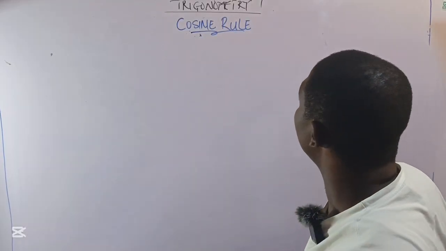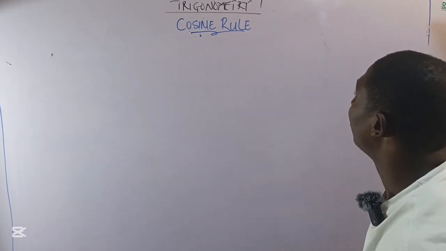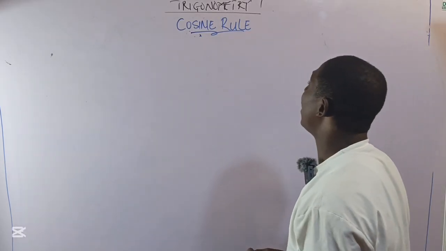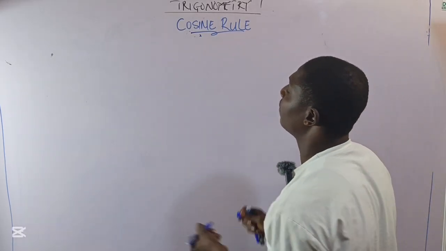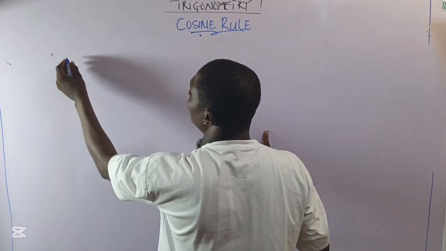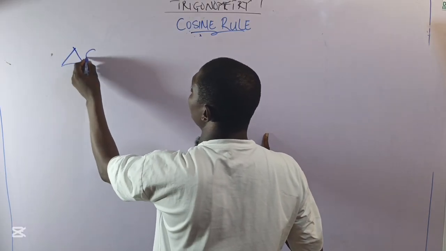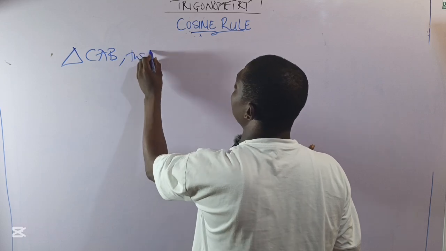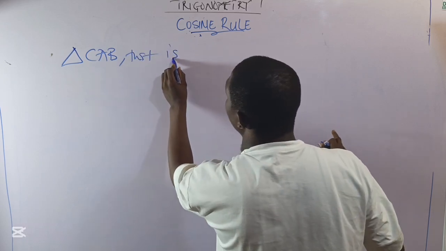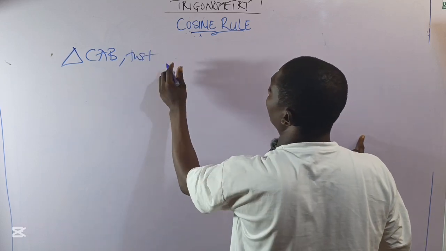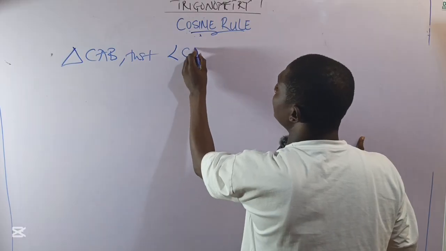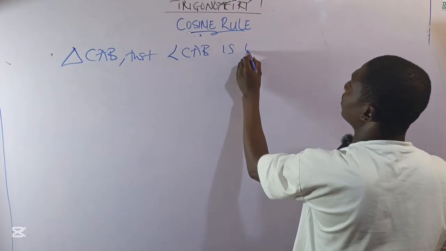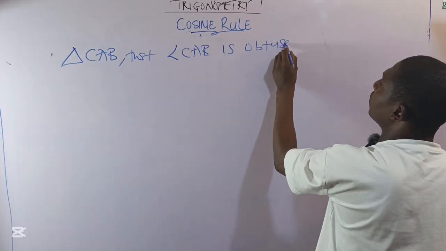So we'll be focusing on cosine rule of an acute or obtuse angle this time. So let's assume we're given triangle CAB, that angle CAB is obtuse.